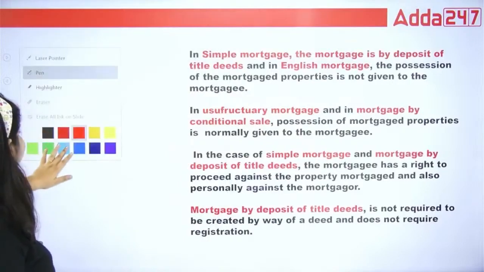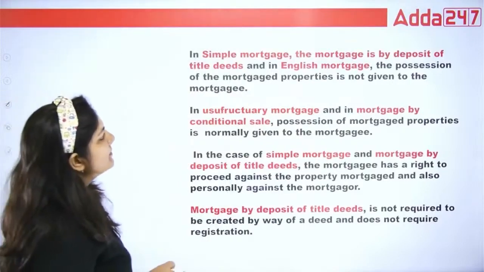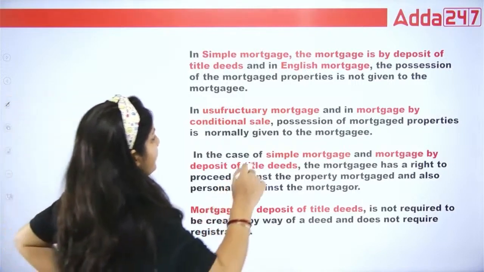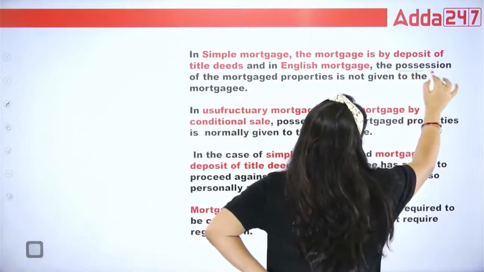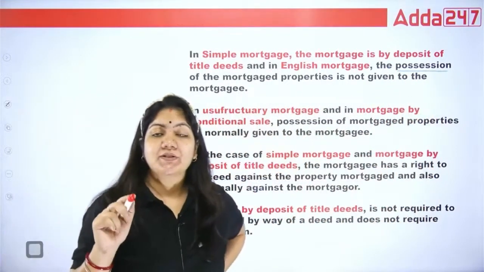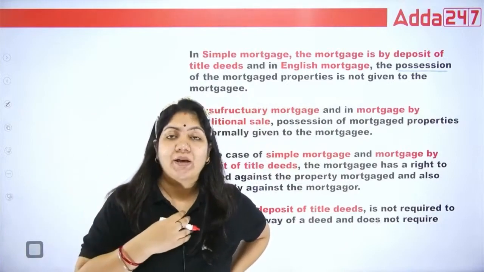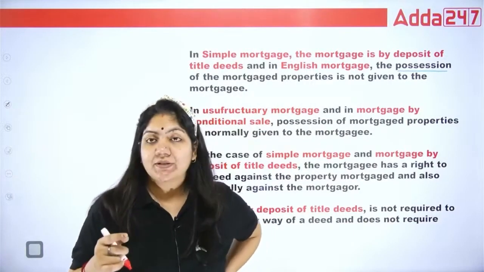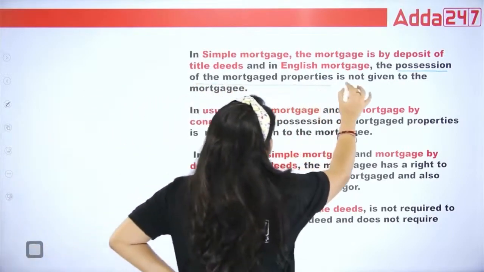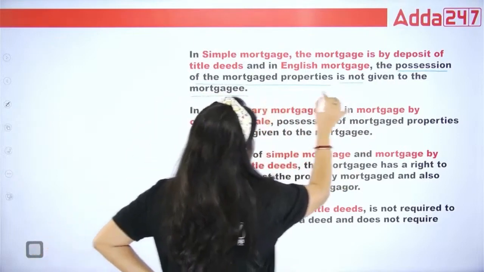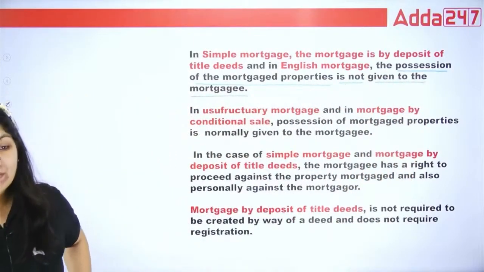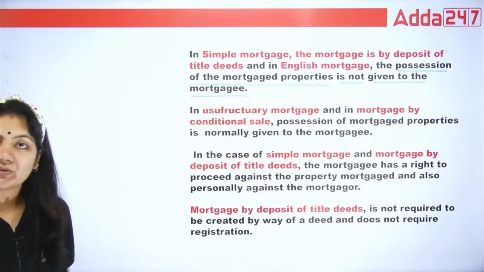Okay, see, in the simple mortgage, mortgage by deposit of title deed, and the English mortgage, the possession. What is possession? Possession means the custody. There's a difference between possession and ownership. Ownership, I have an absolute right. Possession is not an absolute right. So guys, the possession of mortgage property is not given to the mortgagee. Is that okay?